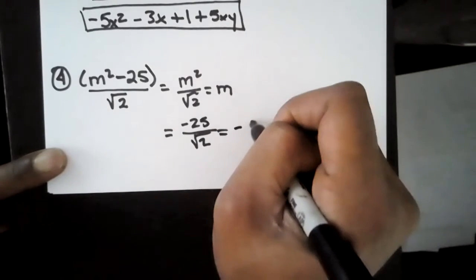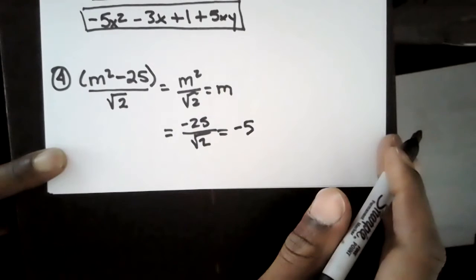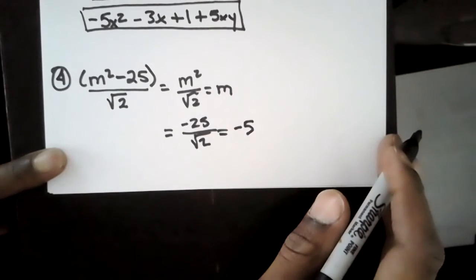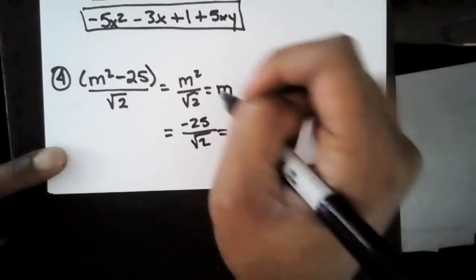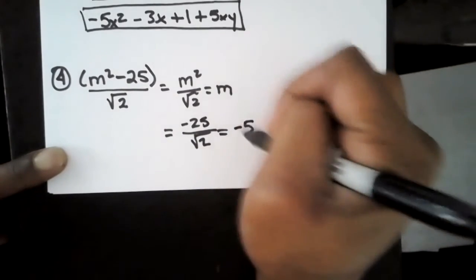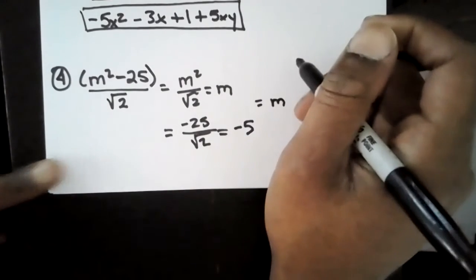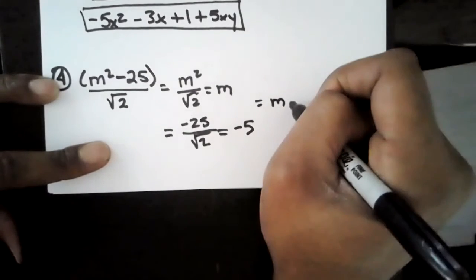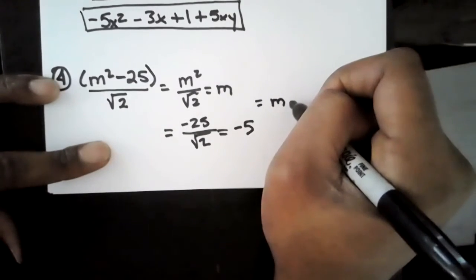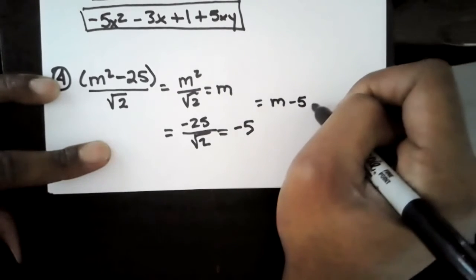You should come out with a negative 5. All right? Moving on from there. So now we're going to have, and remember, we're going to need to use these two terms here. So that will give us m minus 5, m plus 5.